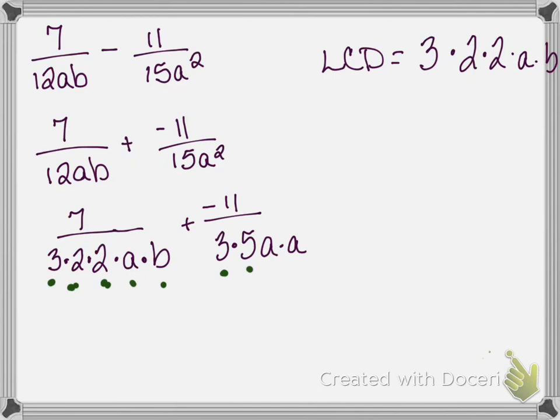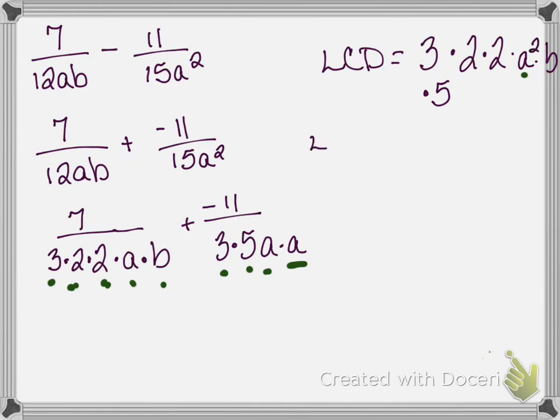I do not have my 5, so I have to account for that 5. So I'm going to do times 5. One of my A's is accounted for right there. But I've got another one. So I've got to make this A squared as part of my LCD.